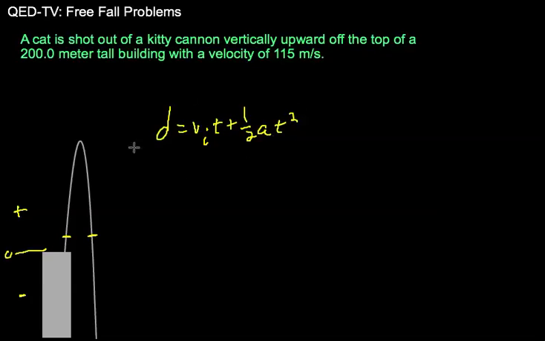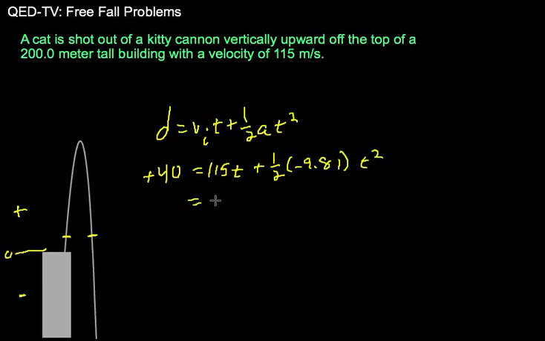This equation works well if d can be 0, but we don't have a displacement of 0. We're going to put in plus 40 meters, and my initial velocity is 115 times time plus 1/2 times negative 9.81 times time squared.